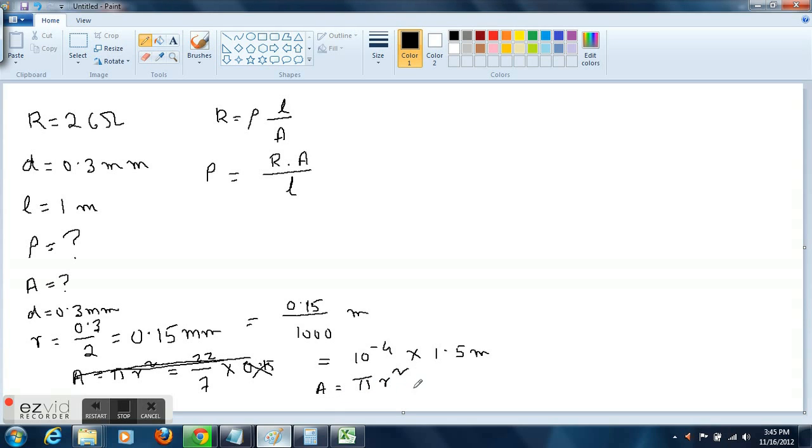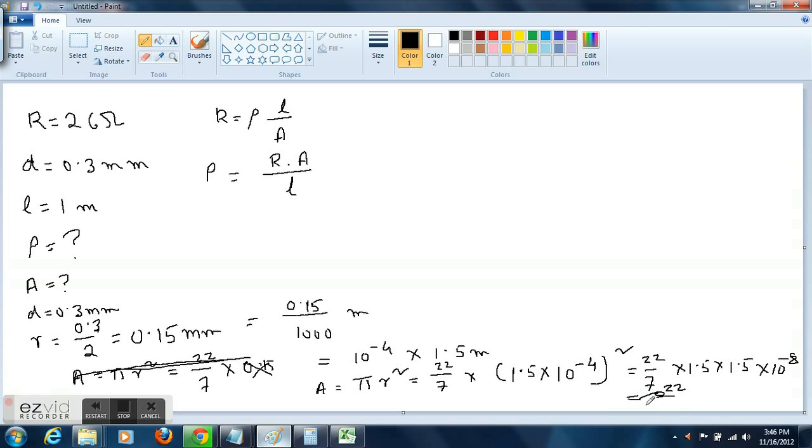Therefore, area of cross section A equal to pi R square, which is 22 by 7 into 1.5 multiplied by 10 to the power minus 4 whole square, which is equal to 22 upon 7 into 1.5 into 1.5 into 10 to the power minus 4 whole square, which is 10 to the power minus 8.